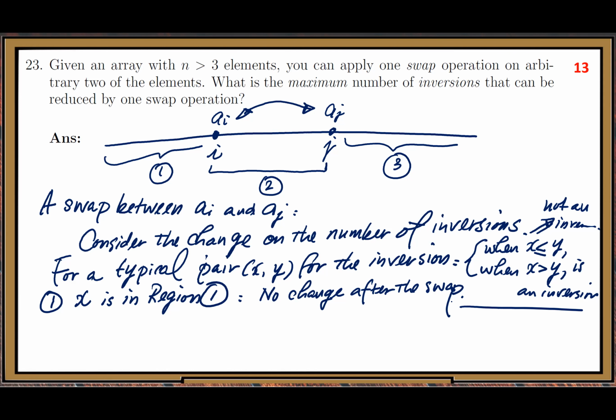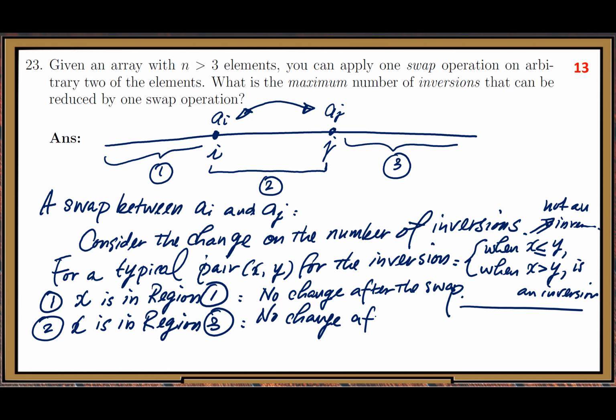Then let's consider when X is in region 3. The same thing: no change after the swap.